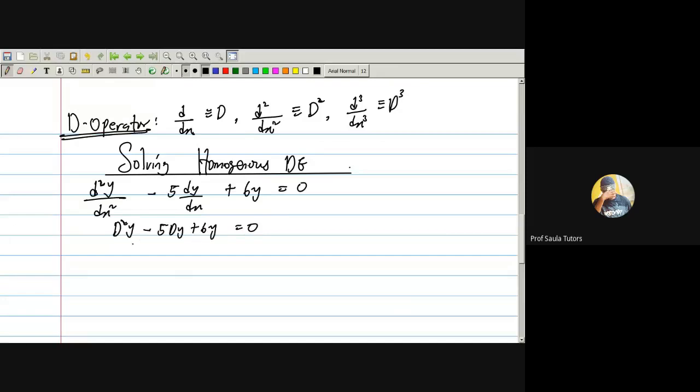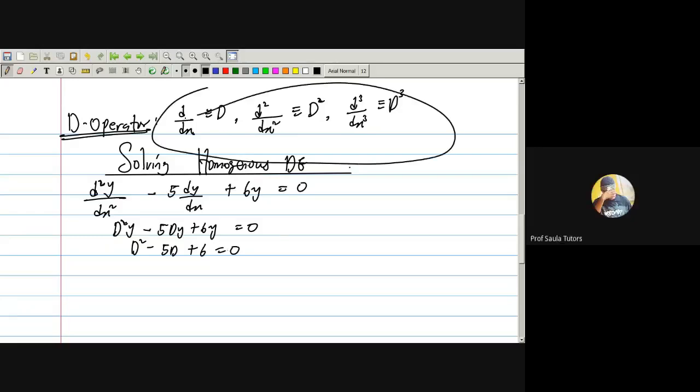And y is common to all of that, so we're saying D squared minus 5D plus 6 equals 0. Do you understand what I did here just now? I'm following this same pattern. Nice. Next, I'm going to solve this quadratic equation.